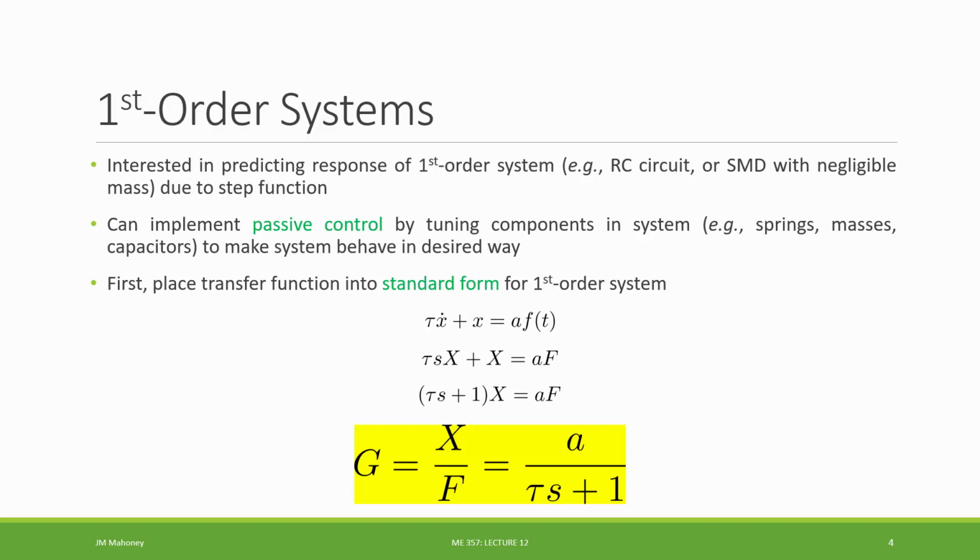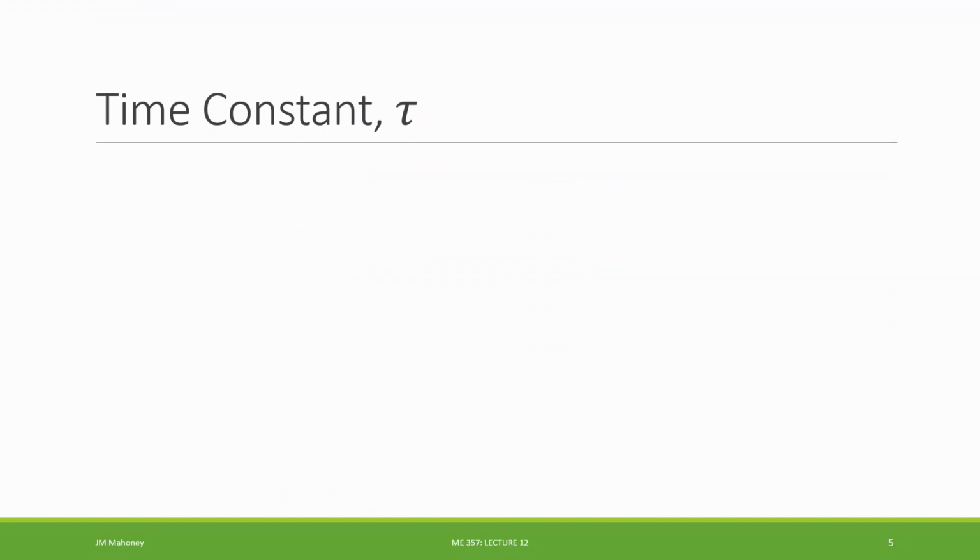So let's look a little bit more at what this tau is that's appearing, this coefficient in front of the x dot term, and then the coefficient later in front of the s term in the denominator of our standard form. Well, tau is what we call the time constant. And as the name implies, it is going to have units of time. Typically, we're going to be working in seconds as our base unit, so that means tau is also going to have units of seconds.